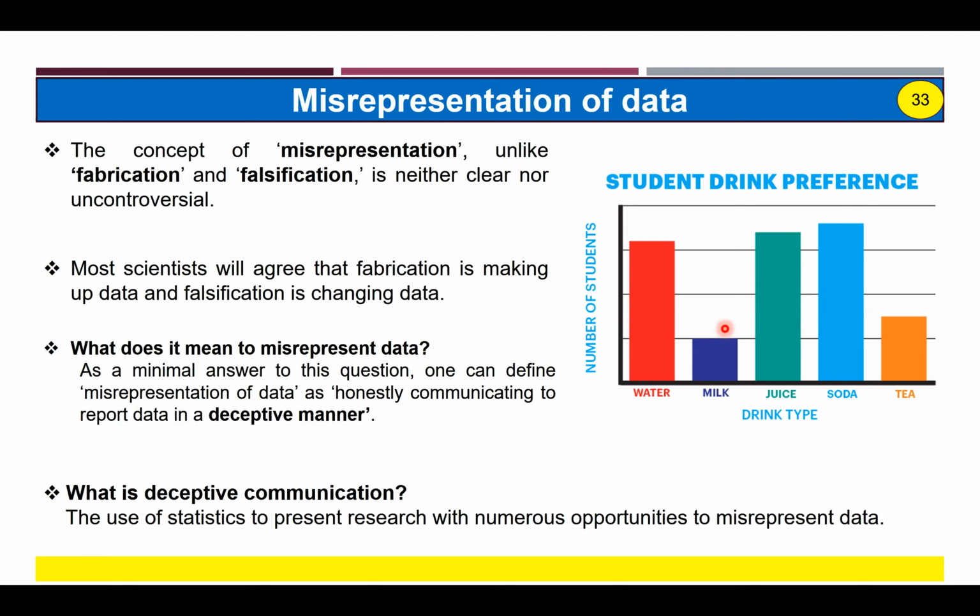Now in this statistic, somebody reported that more students use soda. That is absolutely a wrong representation. It's a misrepresentation, it's not absolutely correct, right? So this kind of statistic will be called a misrepresentation.